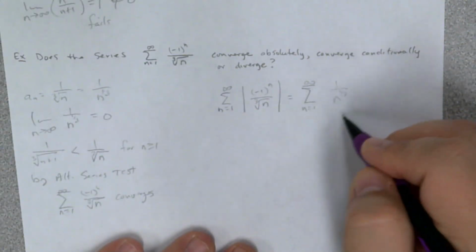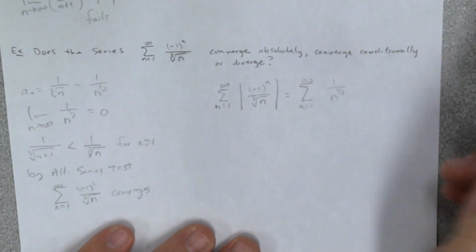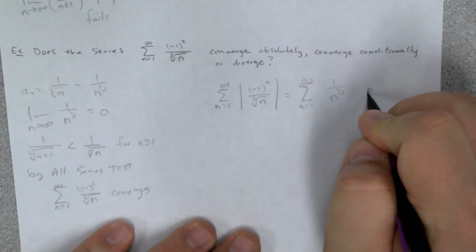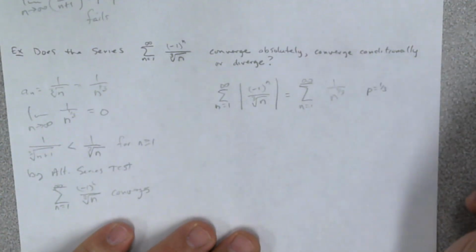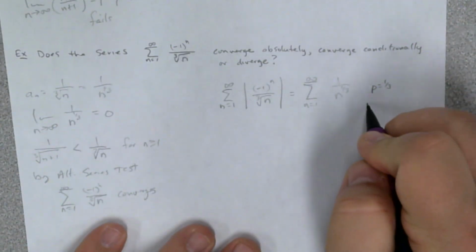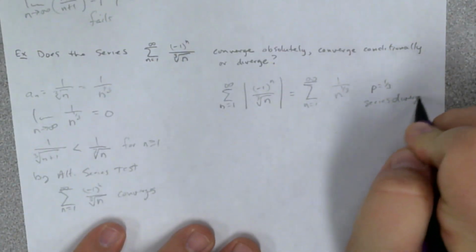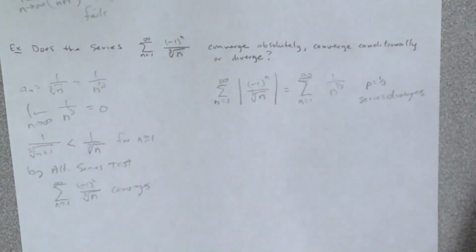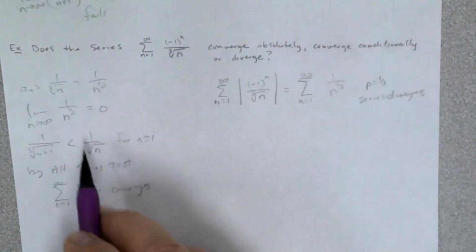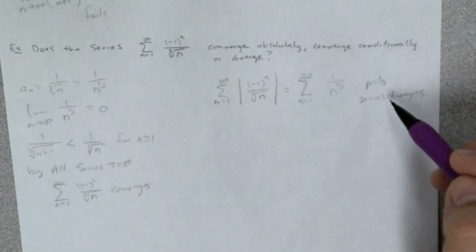This, if you didn't recognize it before, is a p series, where p is equal to 1/3. Since that is less than 1, we know that this series diverges. So it converged where the negative ones were in play, and it diverged when they weren't.